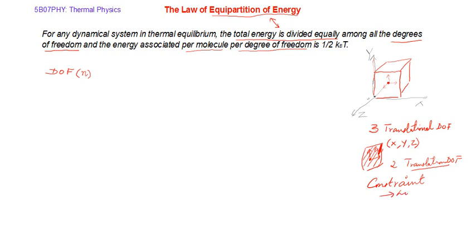What is the constraint? It cannot move along the third axis, the z axis, because it cannot fly. So the degrees of freedom have been reduced to 2 from x, y, z. Now you can use y and z, or x and z. Only 2 variables are enough because of the constraint. So one constraint has reduced the degrees of freedom by 1.